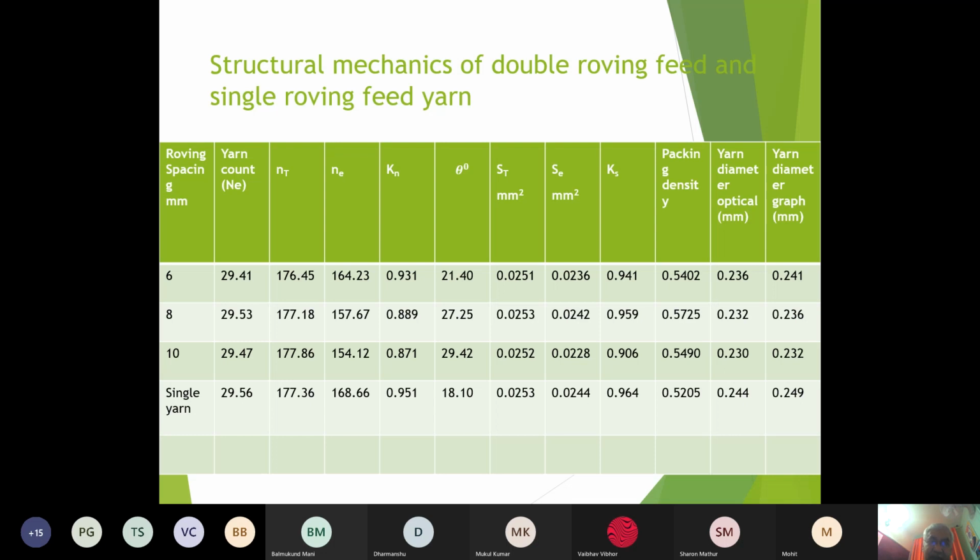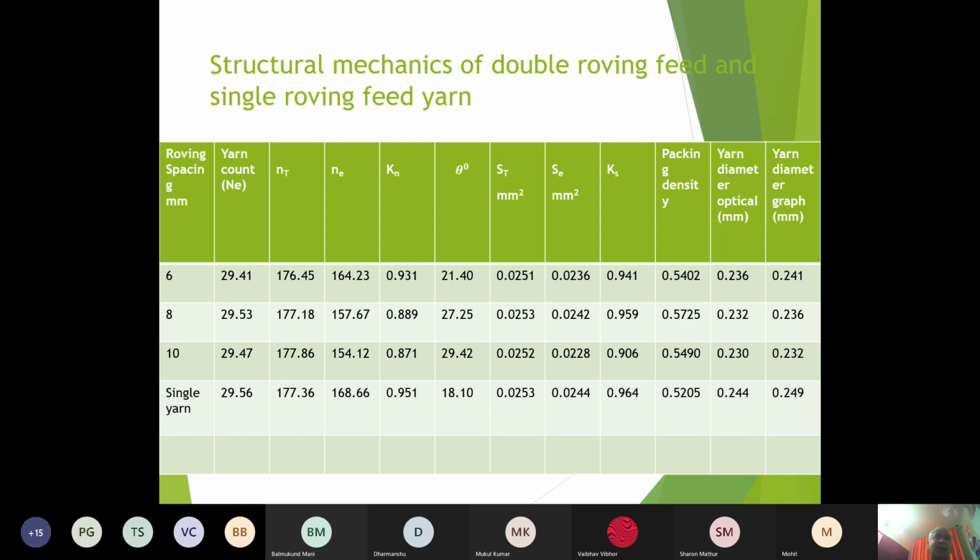And what is the difference? Now take this double roving feed yarn. Once you are feeding two rovings and they are converging, it means two strands are coming one over the other. And these strands are putting a transverse force on the lower strand, and this lower strand, after twisting, will come upward, so it will put its transverse force downward.